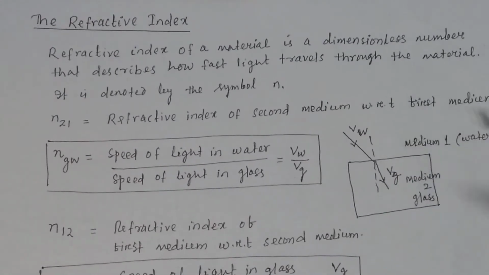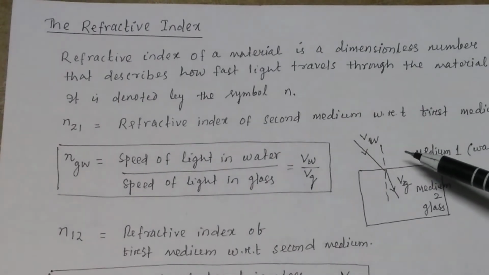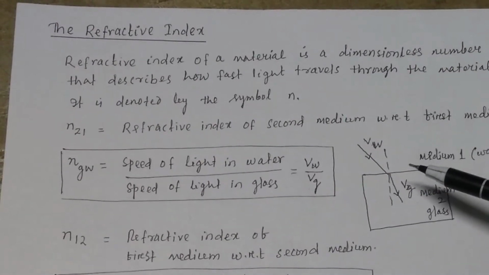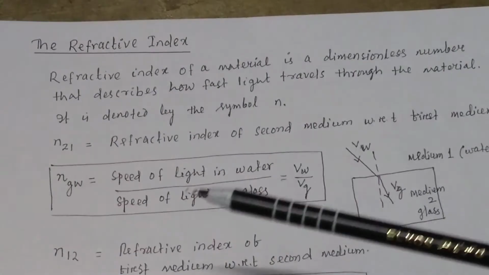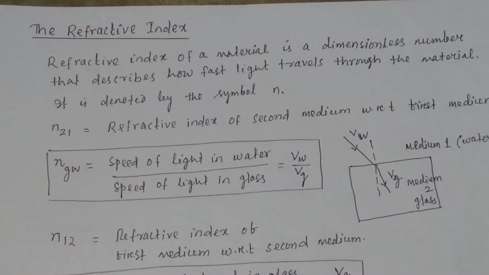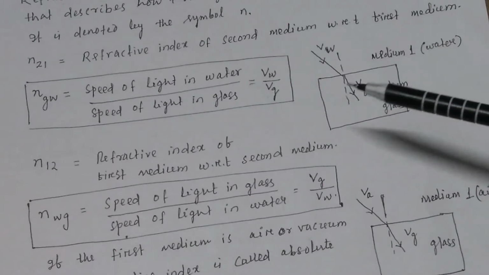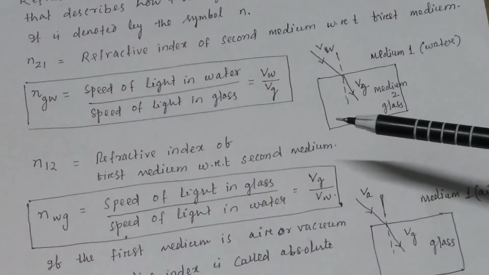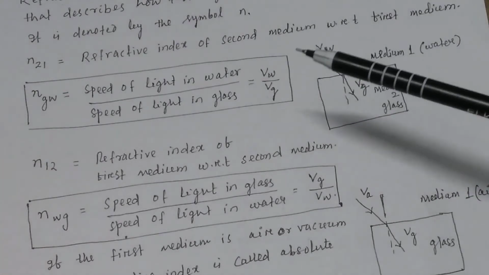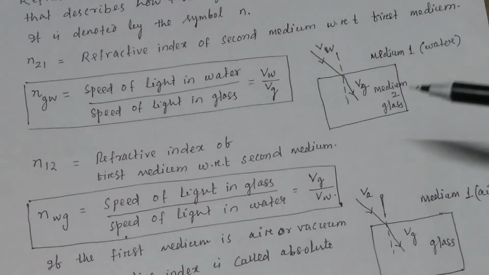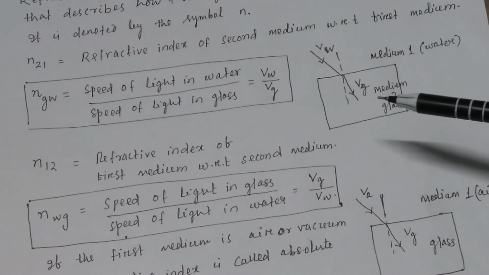If I look at this figure, light is traveling from this medium to this medium. This is medium 1 and this is medium 2. Then instead of writing n, you write n21. n21 is equal to speed of light in medium 1 divided by speed of light in medium 2.